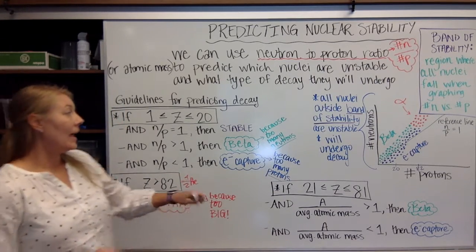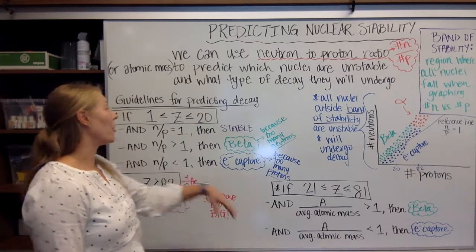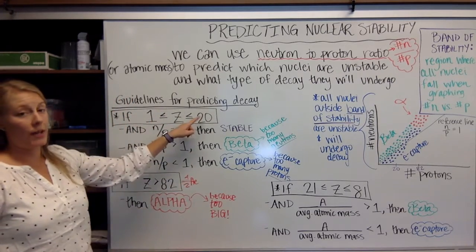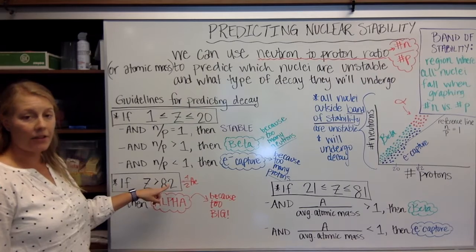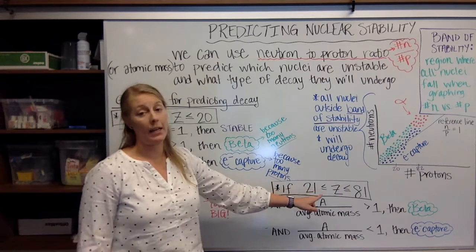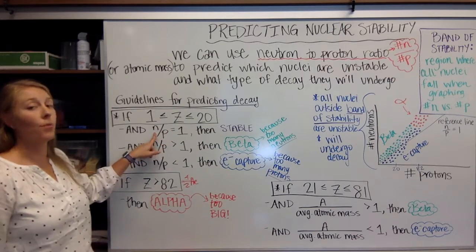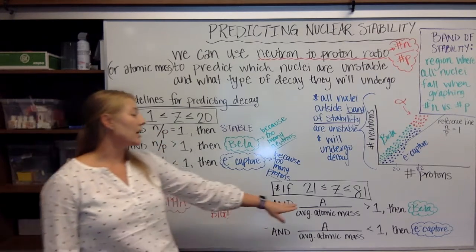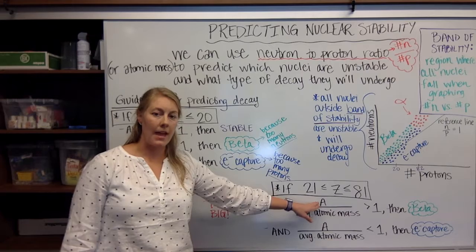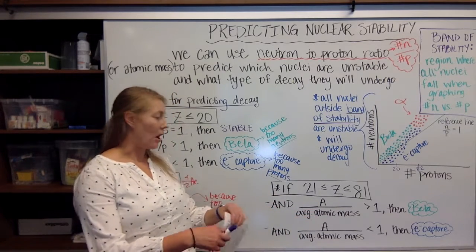Now, if you have a proton number that's neither between 1 and 20, nor bigger than 82, that means it's between 21 and 81. If that's the case, then instead of calculating the neutron to proton ratio, you're going to look at the mass number, A, over the average atomic mass.